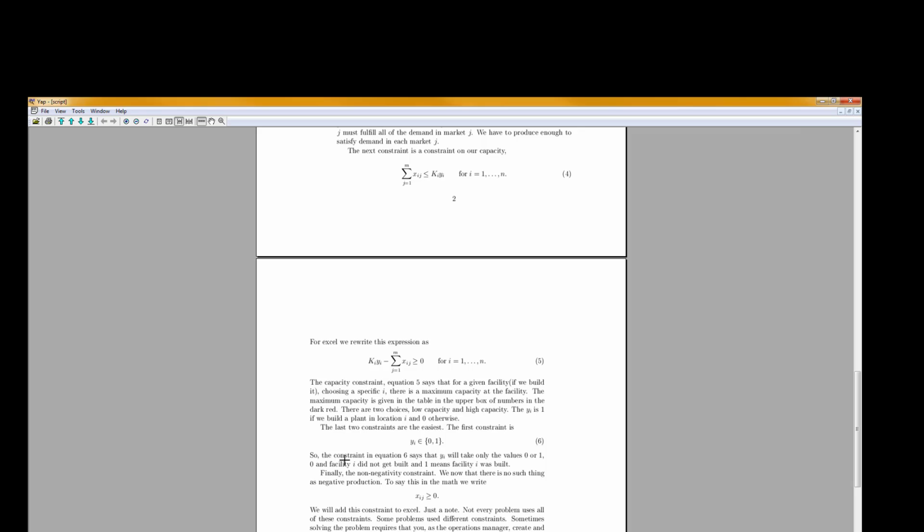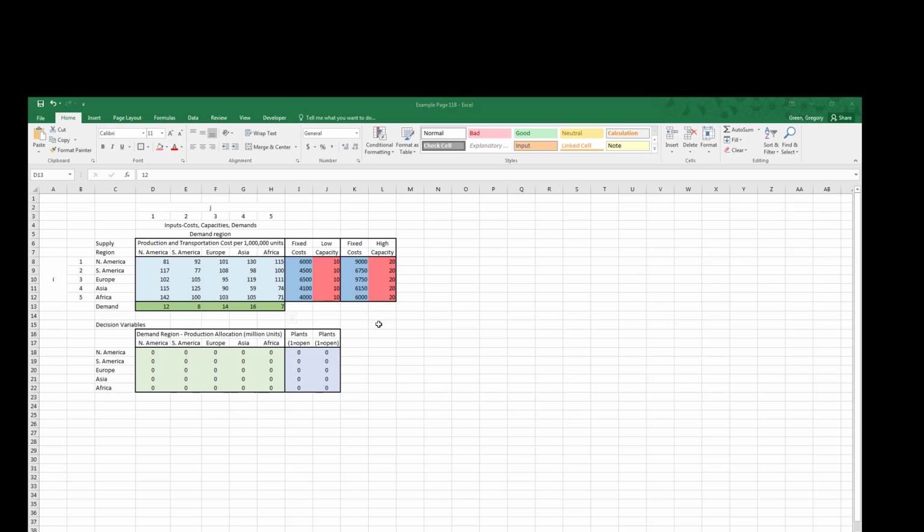And what this constraint says is that the production across all markets and the capacity of some plant or facility at location I has to be non-negative. So I have a capacity.